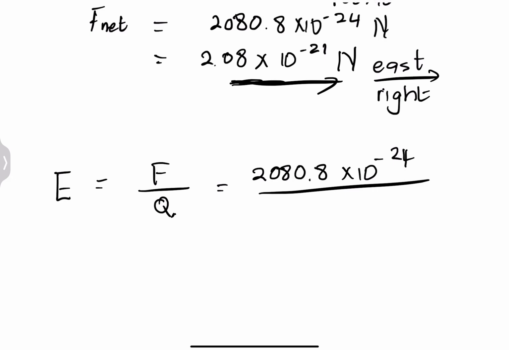So in this case, we say, all right, we're looking for the field, the charge of an electron, that would be 1.6 times 10 negative 19.